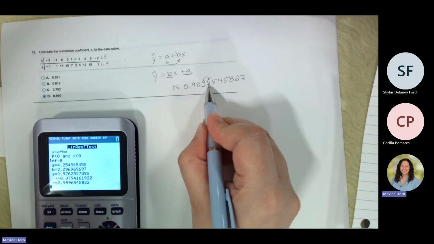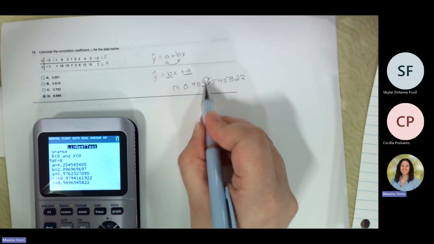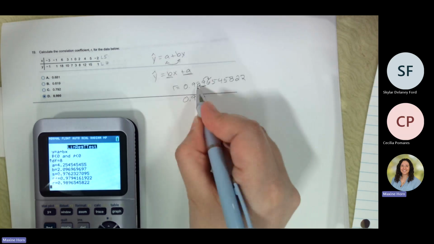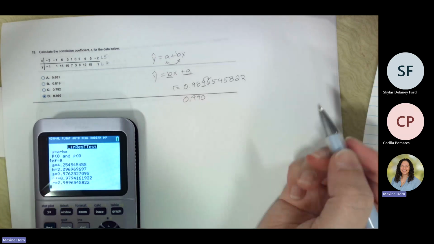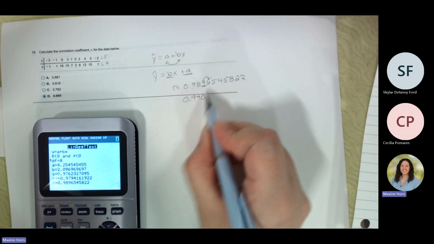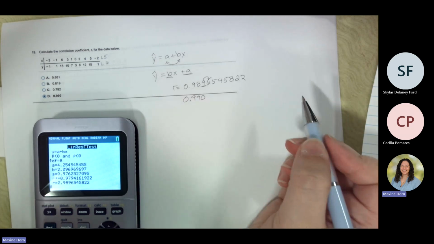This is 5 or more, so it makes this go up 1. But this is already 9, so this has to go up 1, and then this goes to 0. So 0.989, super close to 0.990.